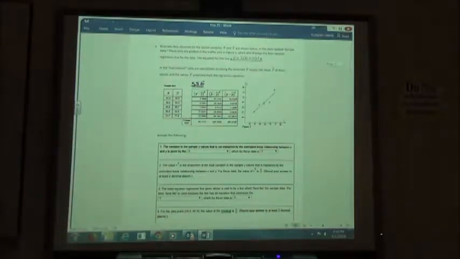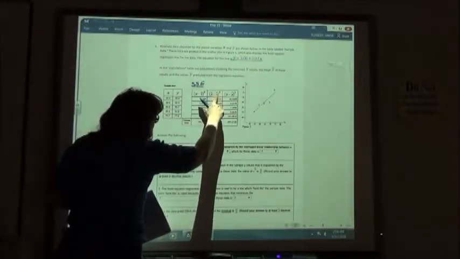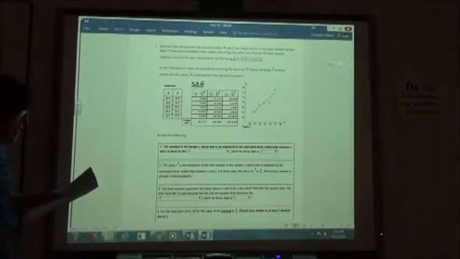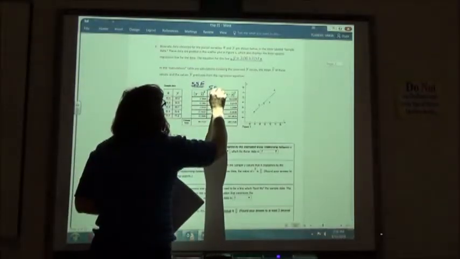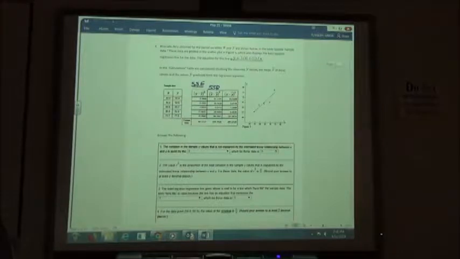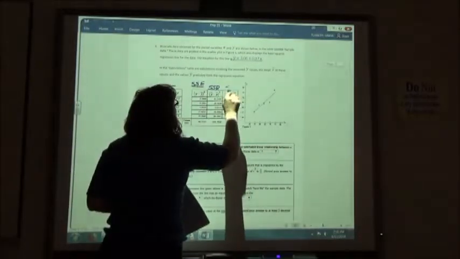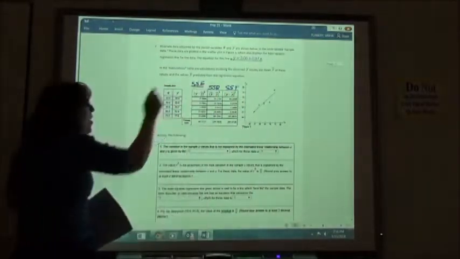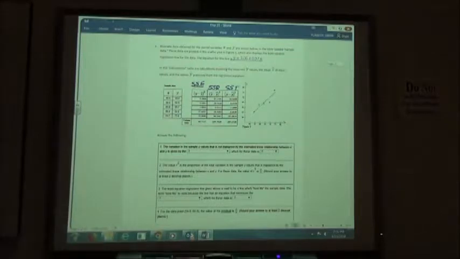When I have y hat minus the mean of y, that's the sum of the squares regression, SSR. And then when I have y minus the mean of y, that's my sum of squares total.